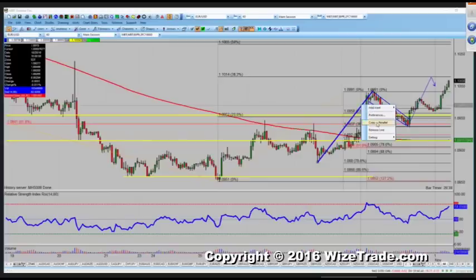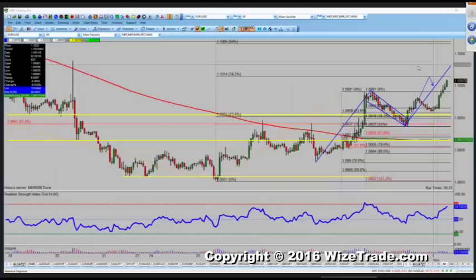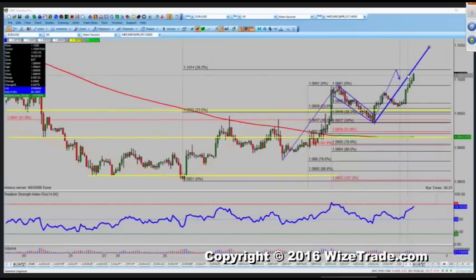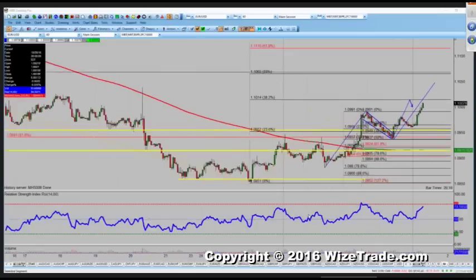I want to see if we just pivot off of here, because what could happen is we could see 110.50, which would be the completion of this flag, right? So this is possible, but we're closing in on the 38% retracement.